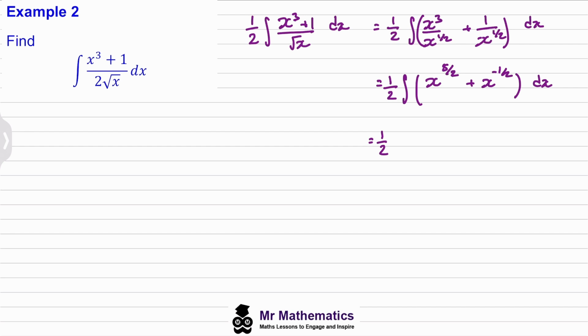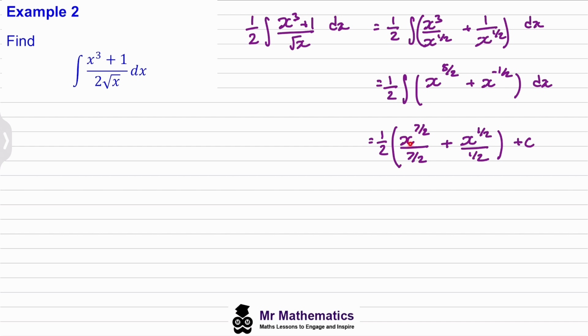So we'll add 1 to this power, and we get x to the 7 over 2 divided by that new power, plus adding 1 to this power, we get x to the 1 half divided by the new power, plus the constant of integration.